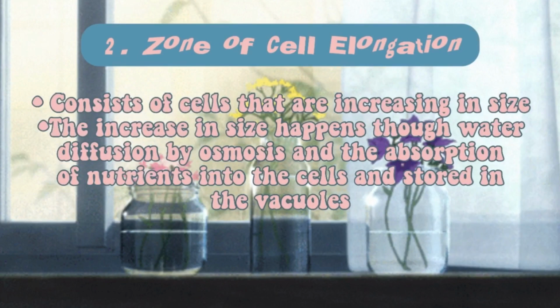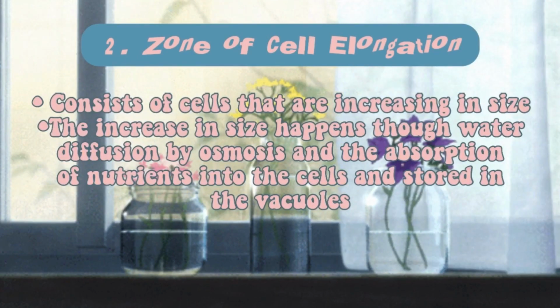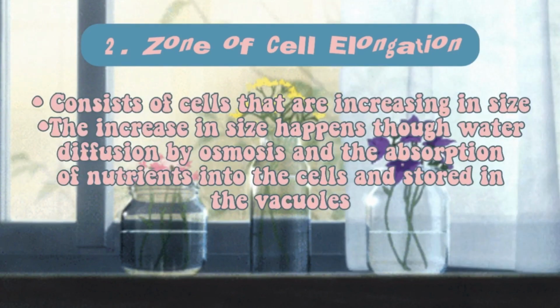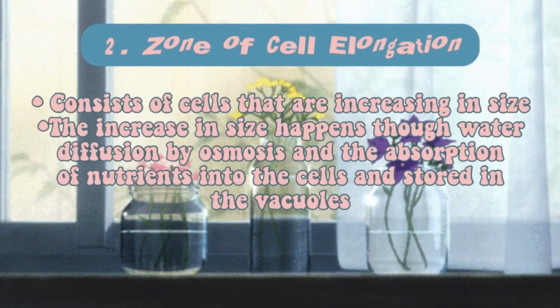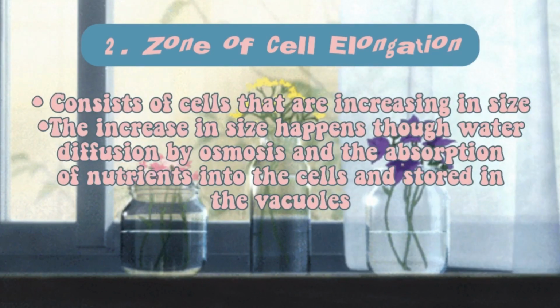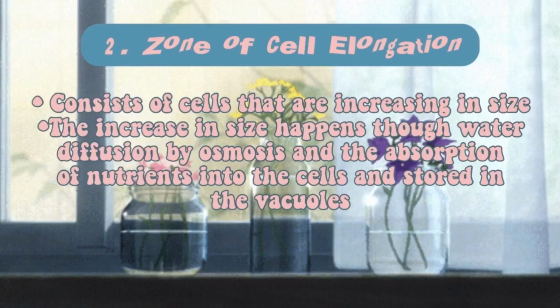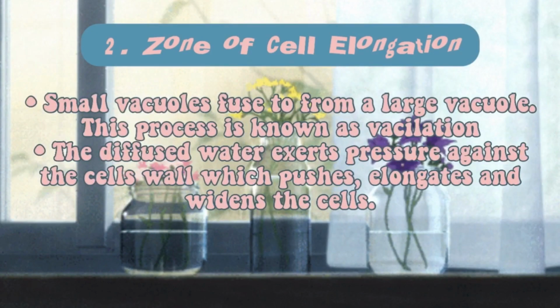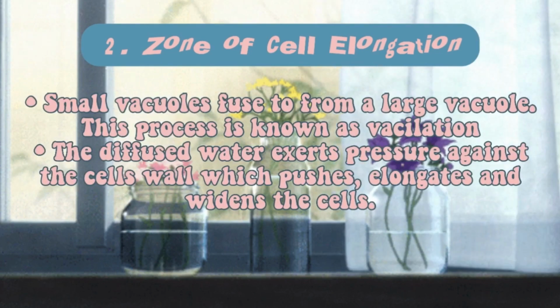Number 2. Zone of cell elongation. It consists of cells that are increasing in size. The increase in size happens through water diffusion by osmosis and the absorption of nutrients into the cells and stored in the vacuoles. Small vacuoles fuse to form a large vacuole.